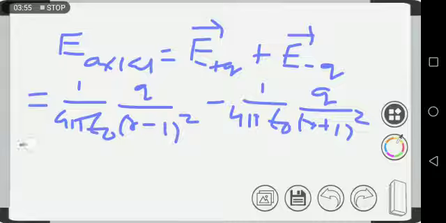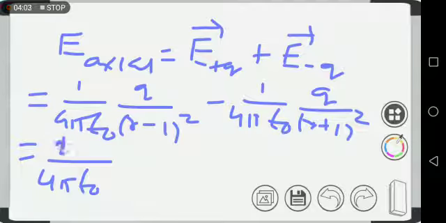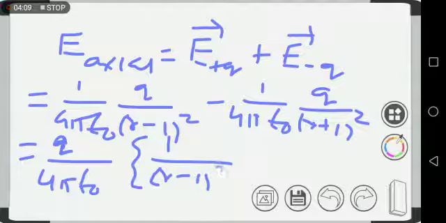Okay, solving this we'll get 1 by 4 pi epsilon naught q taken common. Inside this we have 1 by r minus L whole square minus 1 by r plus L whole square.